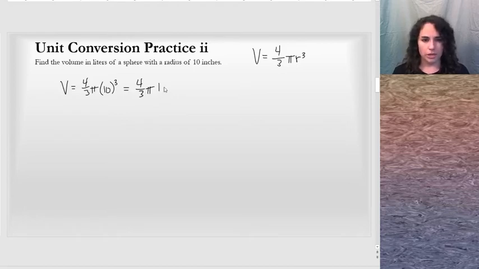But 10 to the 3rd power is 1,000, so I'm just going to write this number as this, inches cubed. That's a fine number. I'm not going to plug it in my calculator yet. I'm going to be working with fractions anyway, so I'm just going to leave it like that. And why I did this is to work with cubed units. I want to go from inches cubed to a liter, okay?